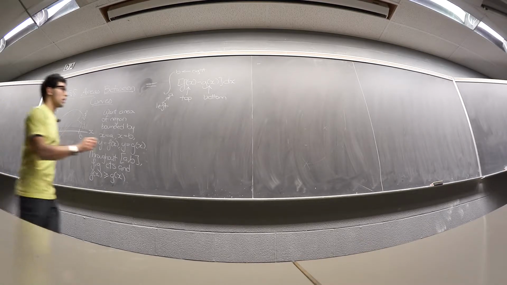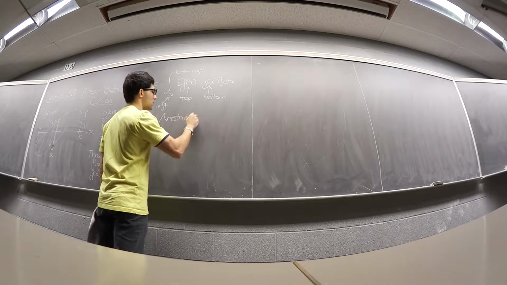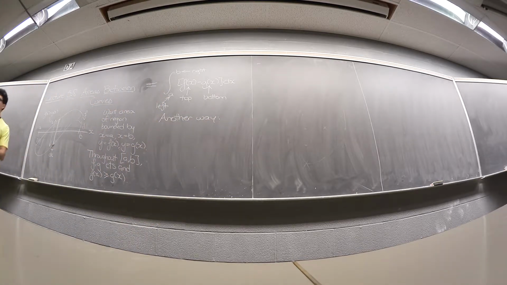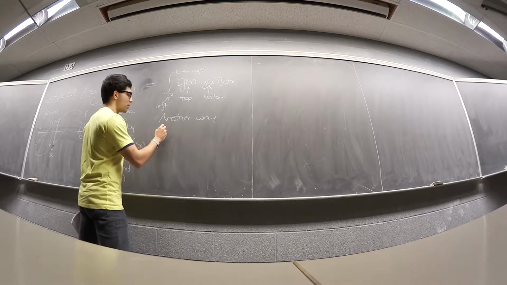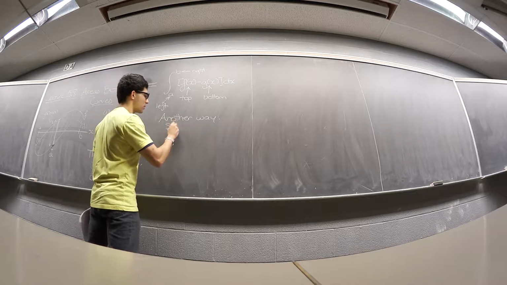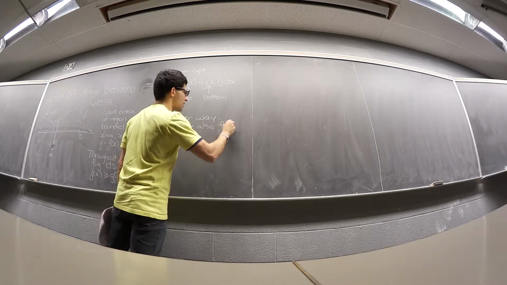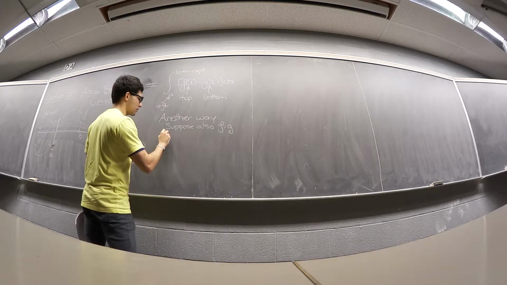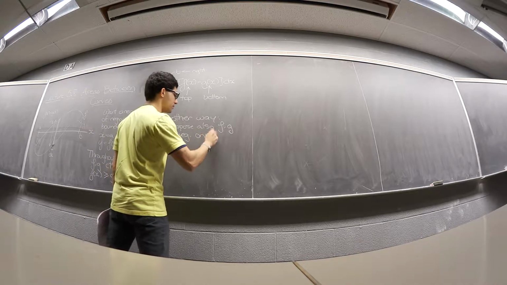Okay. Another way to look at this real briefly, which may make you feel better. Let's suppose also that everybody's non-negative. So f and g are non-negative on the interval.